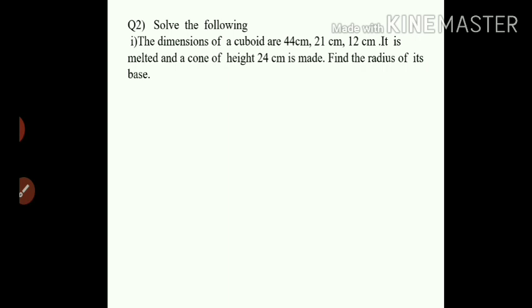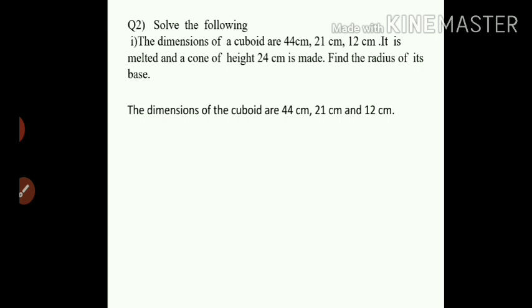Now see students, first the dimensions of cuboid are given, so I am writing dimensions of cuboid are 44 centimeter, 21 centimeter and 12, means length is 44, breadth is 21 and height is 12. Now this is for the cuboid.